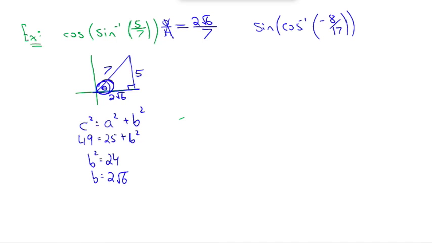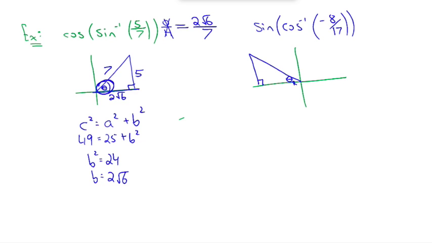Draw a picture. What quadrant? Second, because cosine inverse only works in the first and second, and the only place cosine is negative is the second. So you draw a triangle in the second quadrant. Call this theta, even though it's just a reference angle. How do I label my sides?